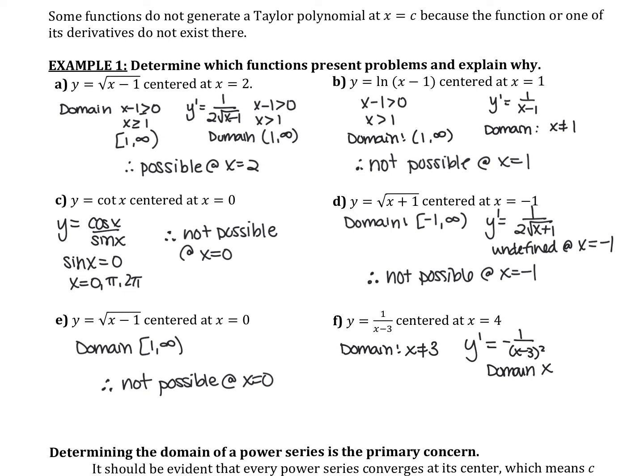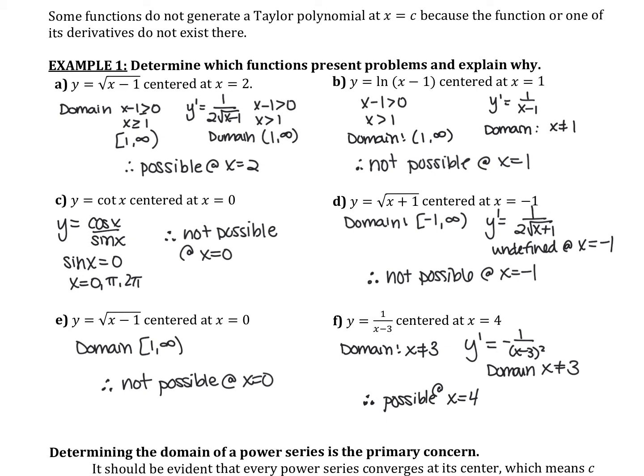So my domain is still that x cannot be 3. Well, this is saying it's centered at 4. And therefore, even if I were to keep taking my derivatives, which just means the power of that expression of x minus 3 would keep going up in the denominator, it's still going to be possible at x equals 4.